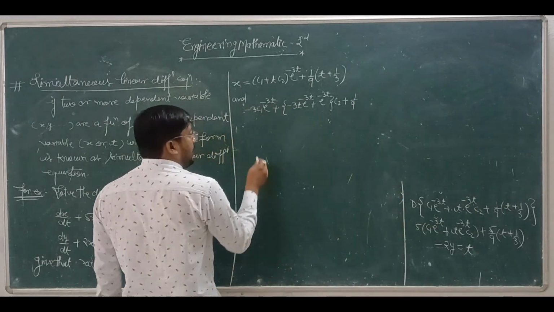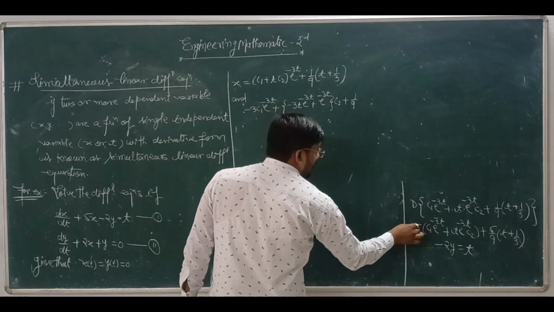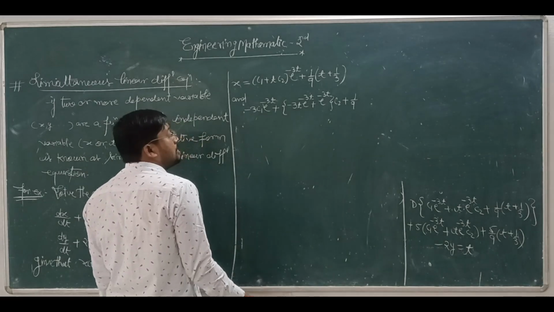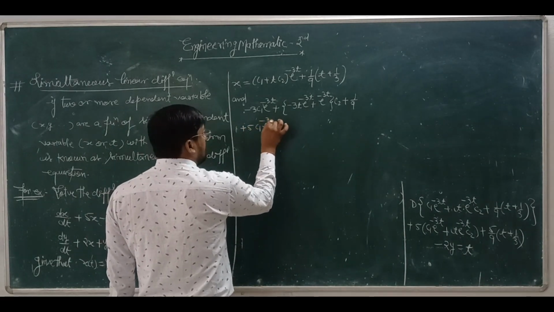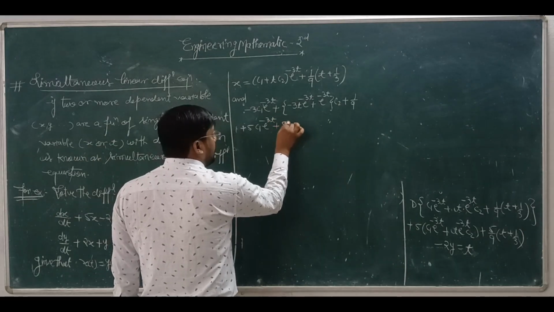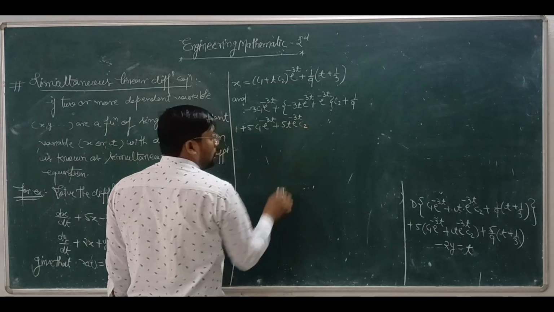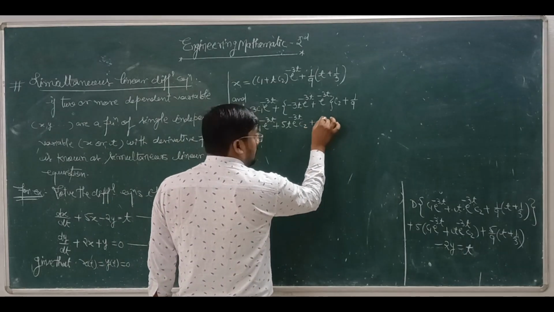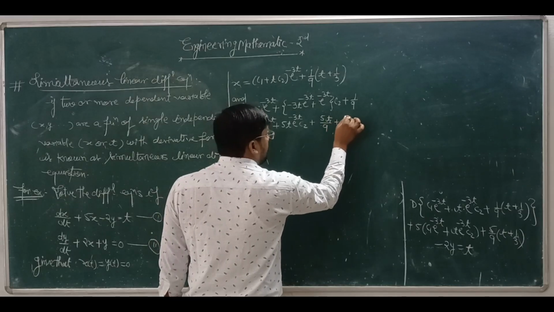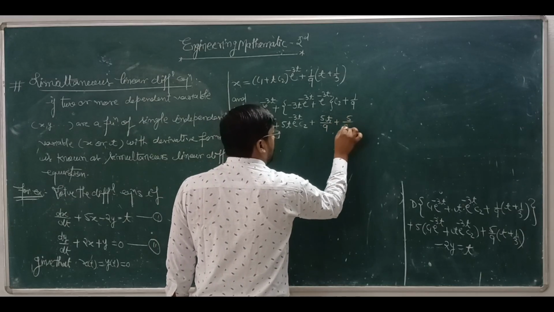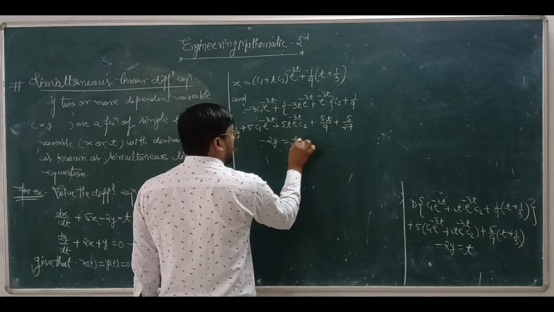Now you can multiply of 5, this is a plus 5 c1 e to the power minus 3t plus 5 t e to the power minus 3t c2 plus 5 t by 9 plus 5 upon 27 minus 2y is equal to t.